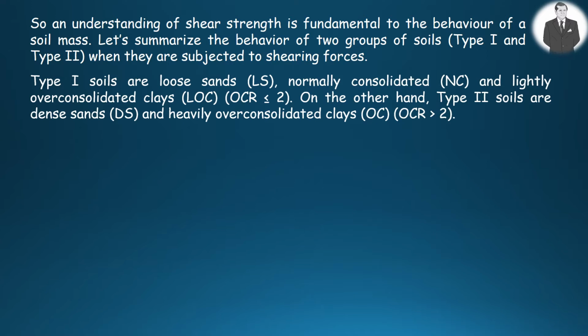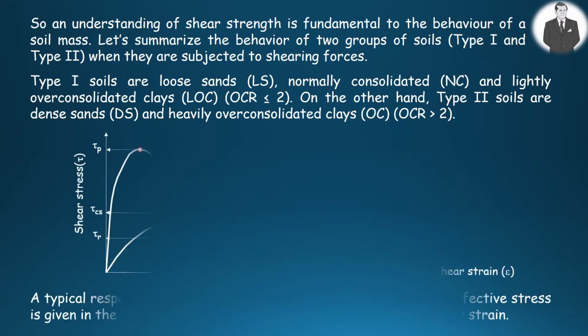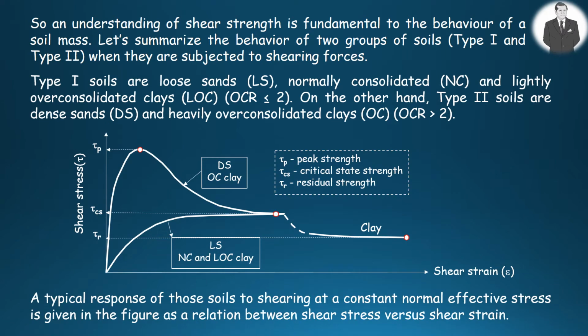Type 2 soils, on the other hand, are classified as dense sands and heavily over-consolidated clay soils. In the figure here, a typical response of those soils to shearing at a constant normal effective stress is given as a relation between shear stress and the shear strain.